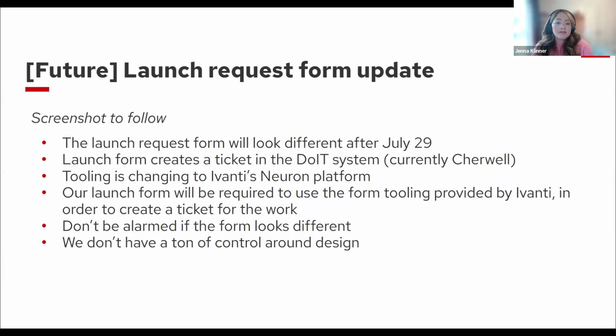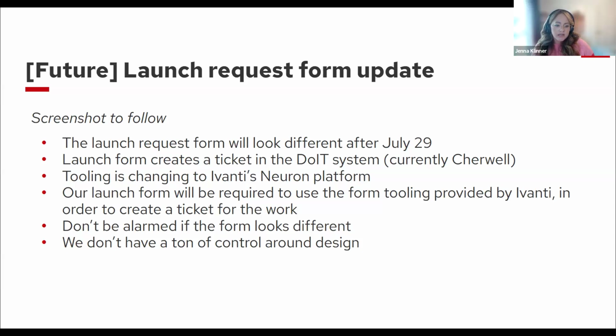After that switch happens on July 29th, we are meant to use Avanti's new platform for that kind of form technology, which means that it's not going to be embedded in the website. They don't have an embed option. It's actually going to link you out to the ticketing system directly. That does look different than the website. However, don't be alarmed. It is still our form and you are submitting to WiscWeb, and it will create a ticket in our queue.